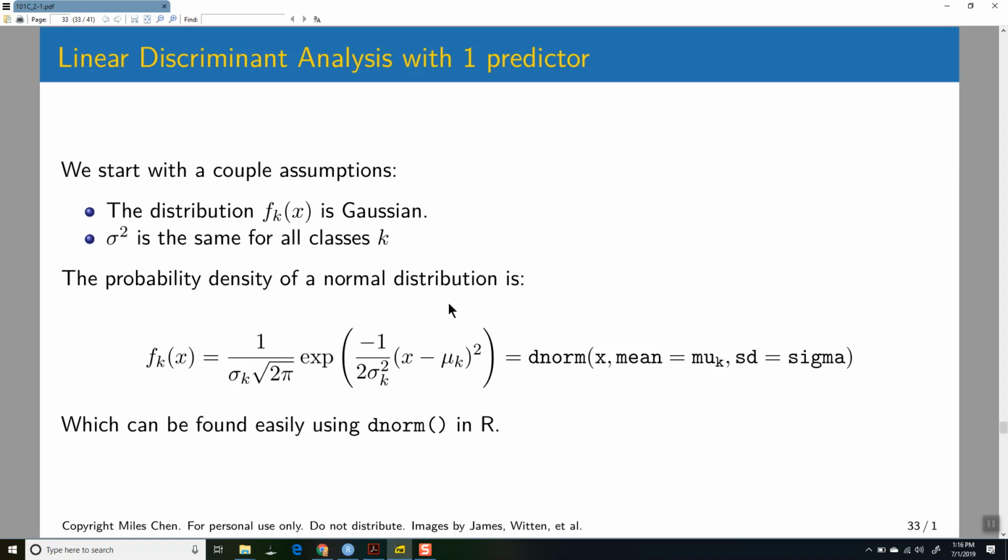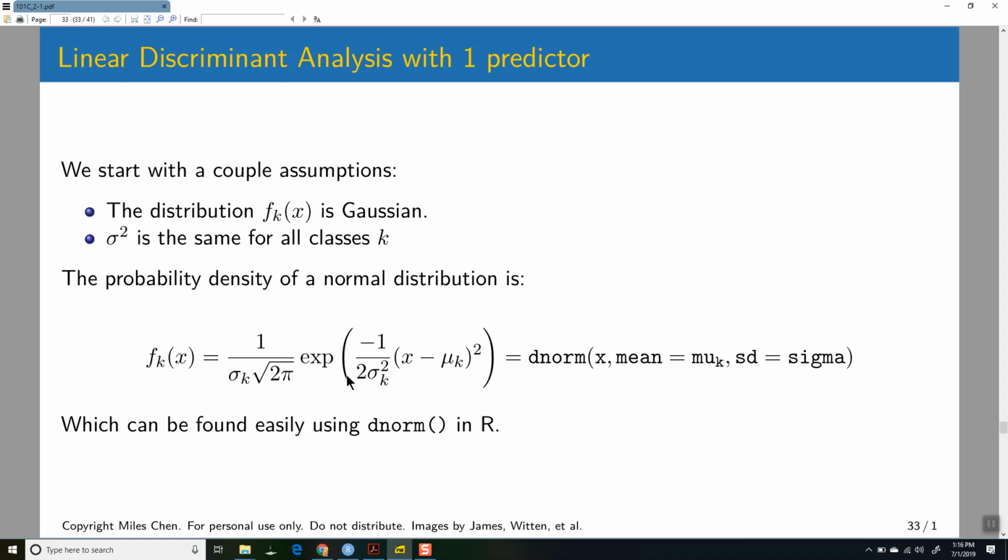We're going to plug it in like this, and the normal density looks like this. In R, you can just use dnorm. So you say dnorm of x, where the mean is equal to mu and the standard deviation is equal to sigma.